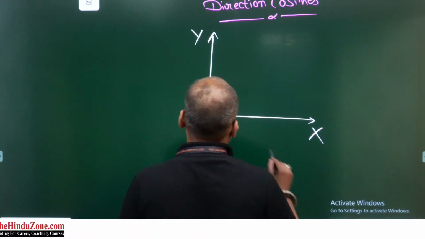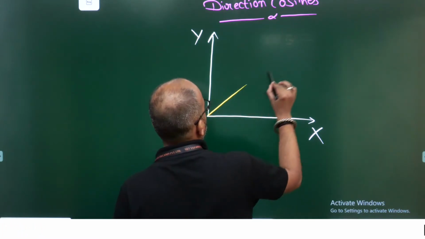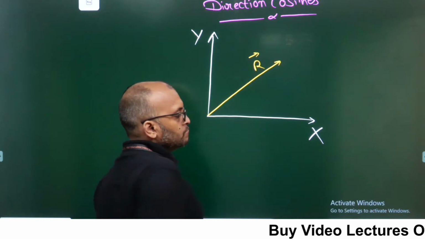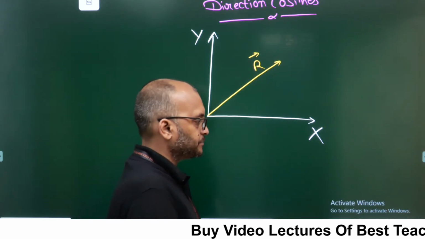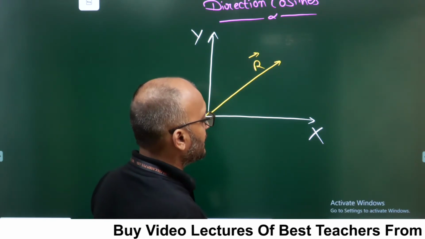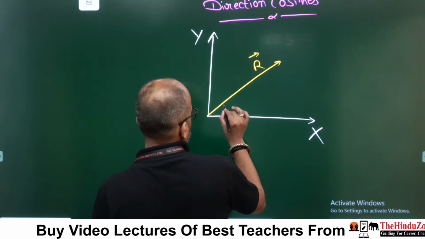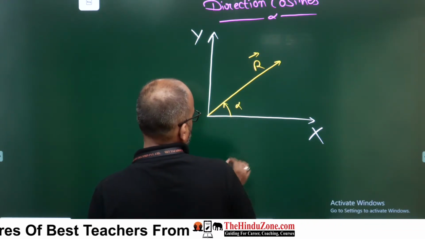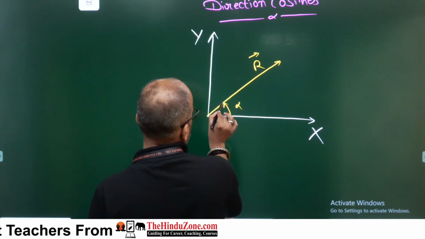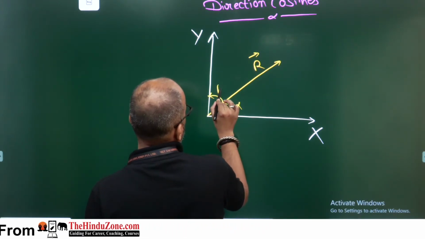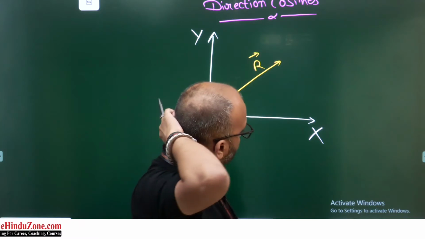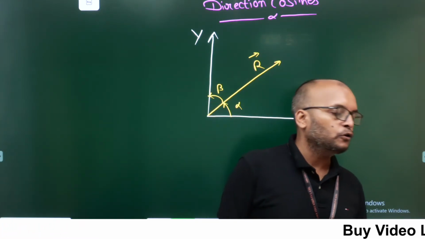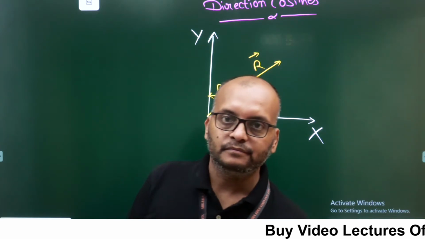And I've got some vector r. Right? Let us say this vector r is making an angle of alpha with the x-axis and an angle of beta with the y-axis. Fine? Yes or no? Okay?